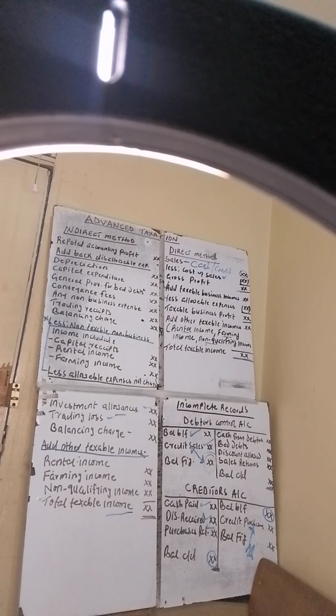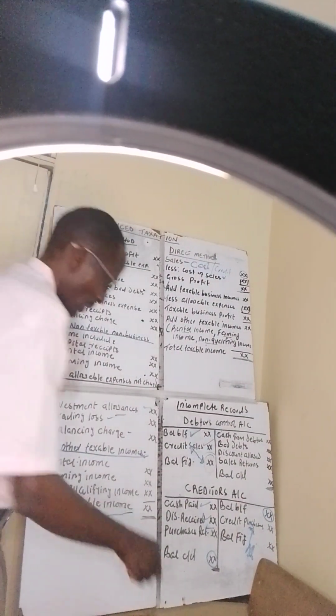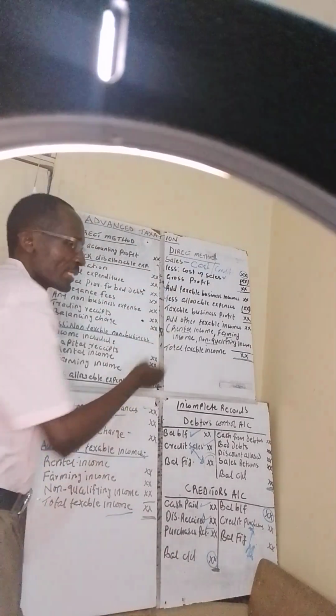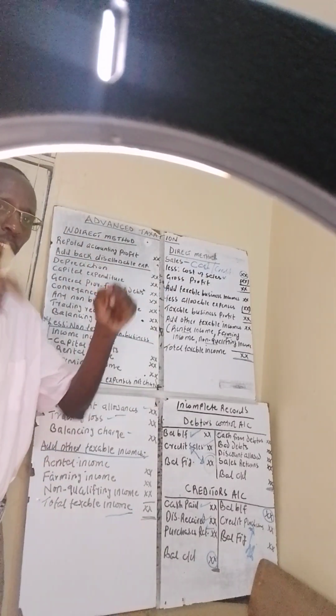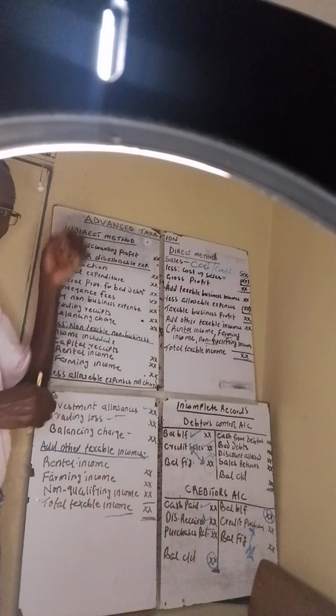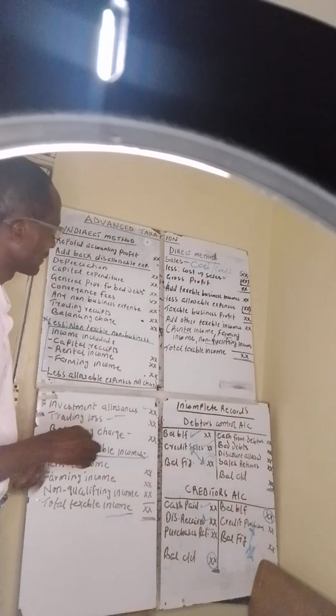That point makes sense when we are using the indirect method. We are saying disallowable expenses should not be deducted.